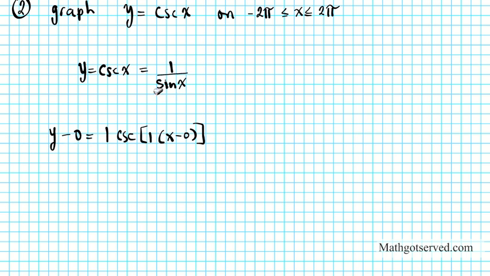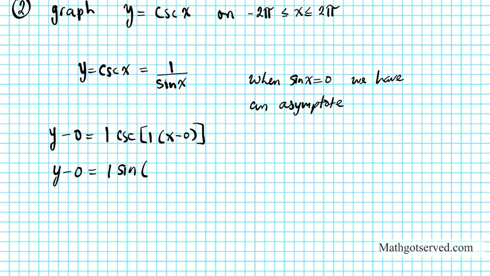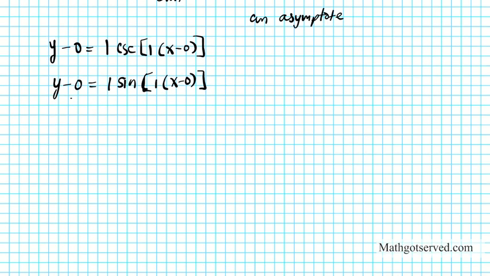We're going to be looking at sine x, okay, because whenever sine x equals 0, we have an asymptote, okay? All right, so what we're going to do, we're going to write y minus 0 equals 1 sine bracket 1 times x minus 0. We're going to sketch the graph of the sine function, and use it to determine where the asymptotes are located, okay? All right, so let's do this.